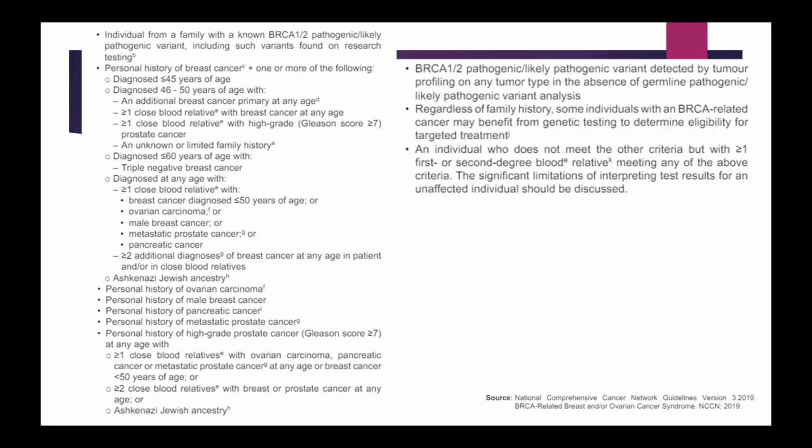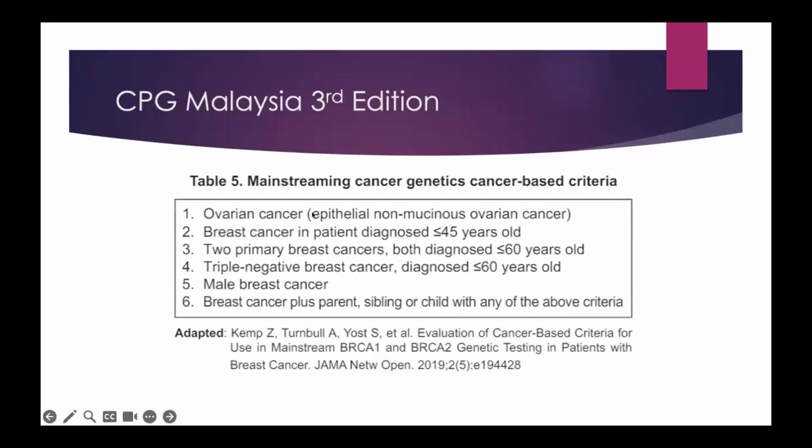However, it might not be cost effective, so our CPG has summarized and simplified the list, like this one. For a patient like this, breast cancer plus a parent, sibling, or any child, meaning any first degree family history, she is actually indicated for genetic testing.